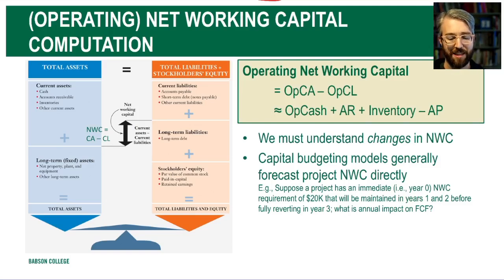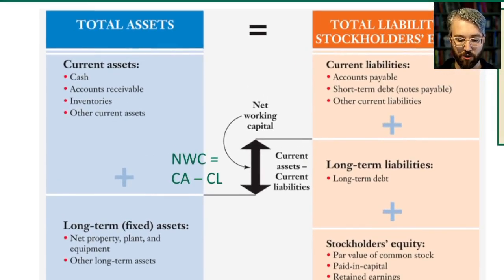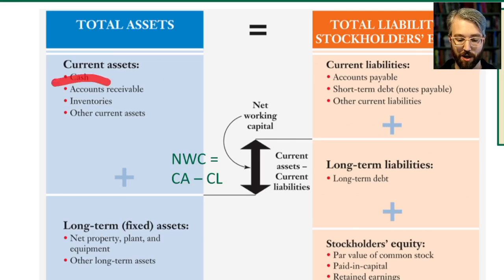So a note about this operating net working capital calculation and what this is. Net working capital is the difference between a firm's current assets, that is to say the portion of its assets that it intends to use within the next year, and the firm's current liabilities, the liabilities that it expects to pay within the next year. Typical things entering into that are cash that the firm needs to have around to do the project, AR, so things that it sells before it collects payment, inventories, things that it's made that it hasn't yet sold, and there may be other current assets, including things like work in progress or raw materials.